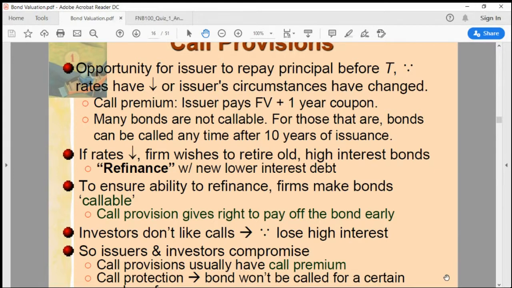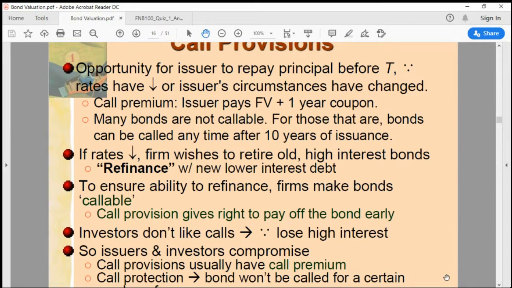That means what? From the bondholder's perspective, you're going to be foregoing or missing out on the 15% interest you could have earned for the remaining 15 years. Although you're getting your principal back, the face value, $1,000 back, you are missing out on the remaining coupon payments.